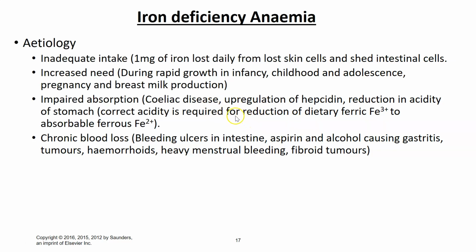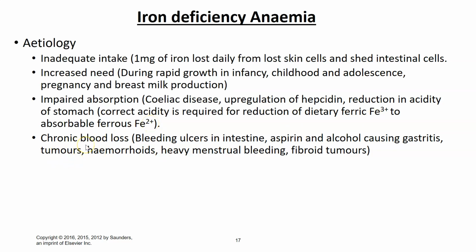The acid release in the stomach is important because it helps to convert the non-absorbable form of iron into the absorbable form of iron. So ferric is non-absorbable, whereas ferrous is absorbable.